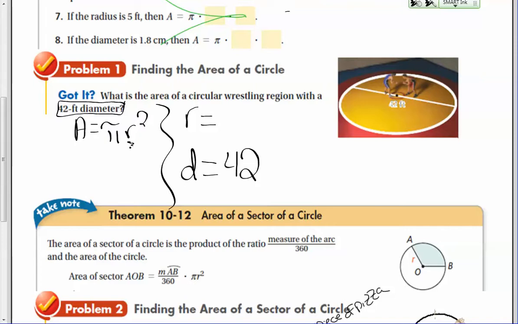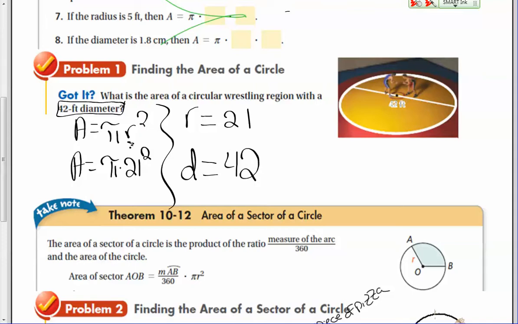So half of 42, 21. And so when I do my area problem, I just need to make sure I use the 21 instead of the 42. Typing that into my calculator. So 21 squared. I can either write that as 441 pi. That would be not pushing the pi button.